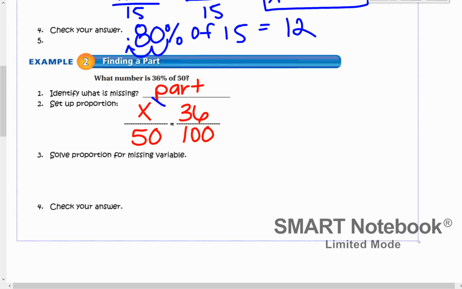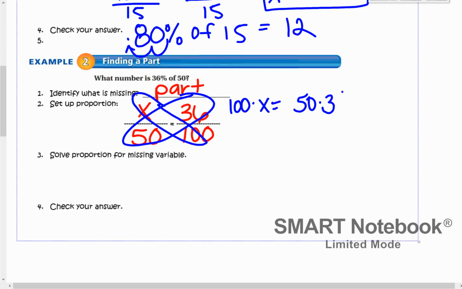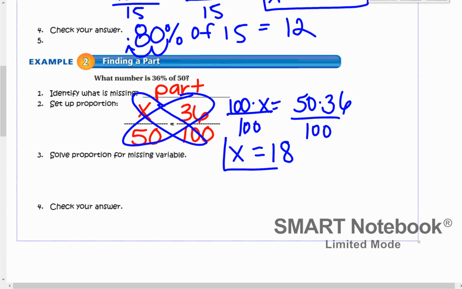So again, we are going to do those cross products. We'll take 100 times x is equal to 50 times 36. Divide by 100 to get that x by itself. We get x is equal to 18. Now it was looking for a part, which is a number, so we just leave it as 18. We do not put a percent symbol on there.